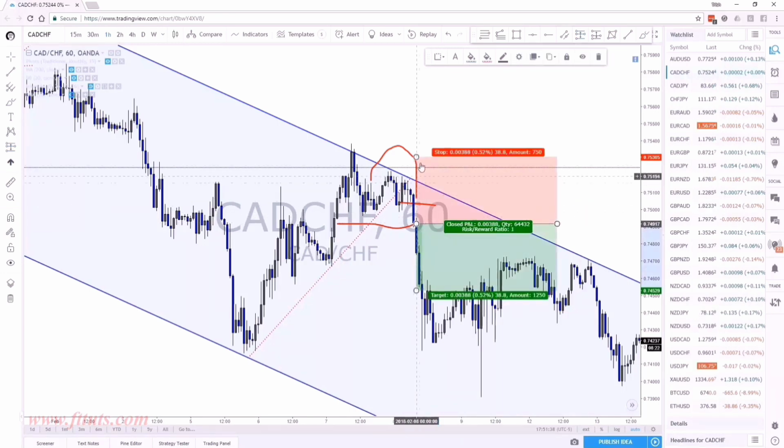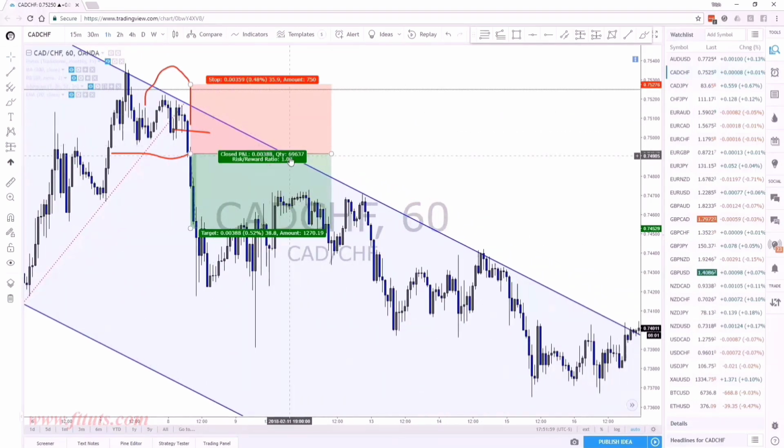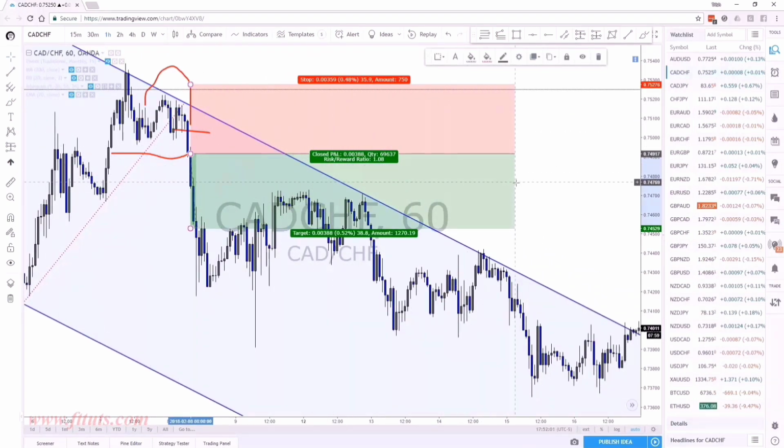Enter here, stop loss right above the last swing high. You could either put it here or even here, depending on your risk appetite. 35 pips is generally industry standard. You should be fairly safe, especially since it's outside of this channel. And then from there, again, it was just drop city.